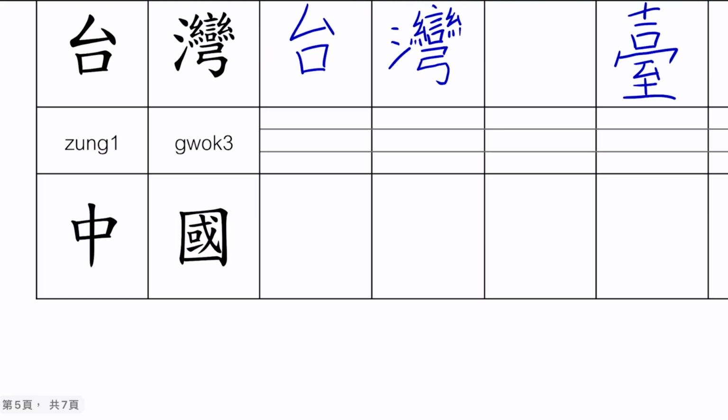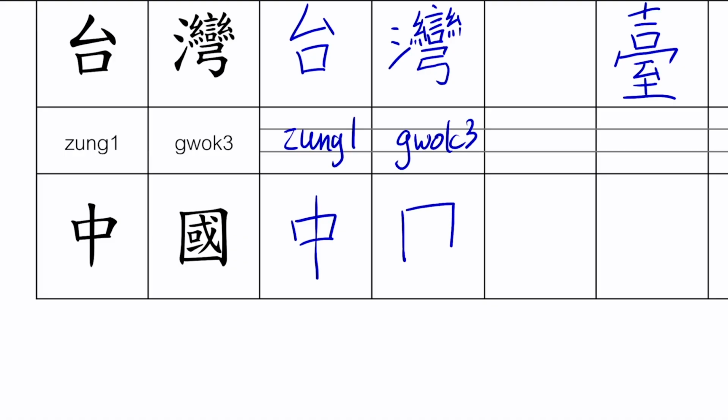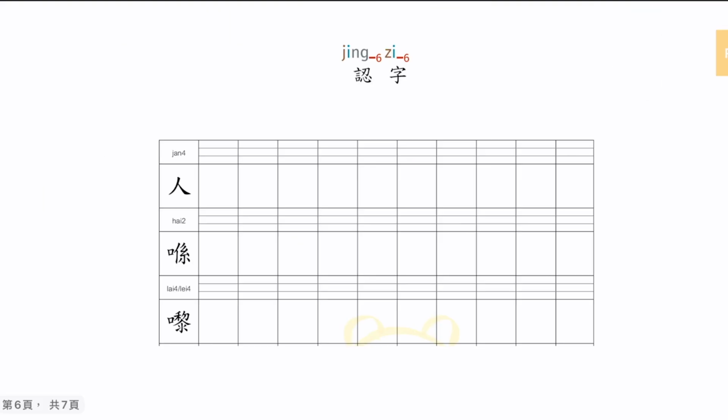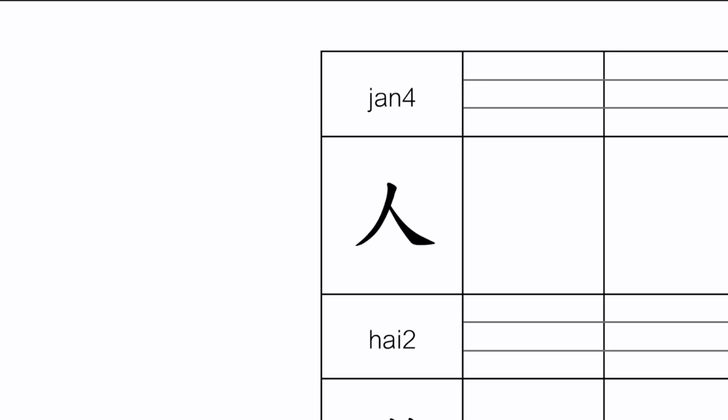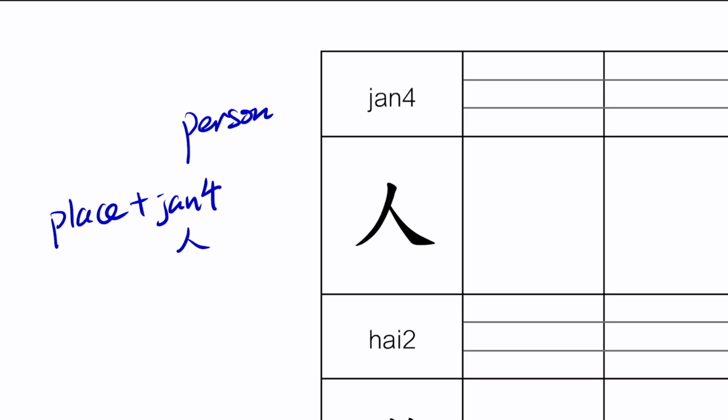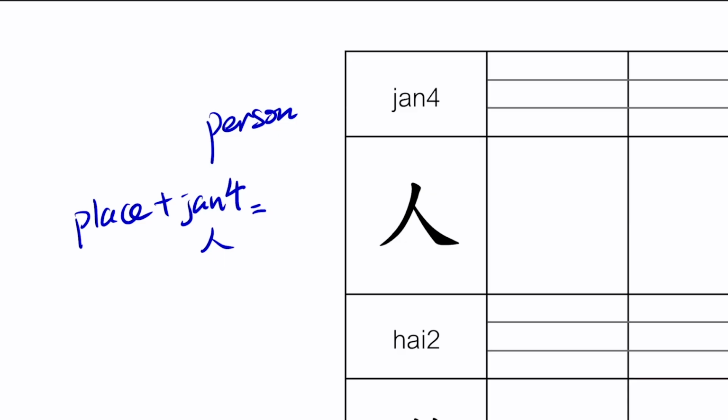中國 is China. So 中 is Z-U-N-G, the first tone. 直橫直橫直. 國 G-W-O-K, the third tone. 直橫直橫直橫直橫剔斜勾撇點橫, 得唔得？人 means person, and if it is a place plus 人, it becomes people come from a place, right?